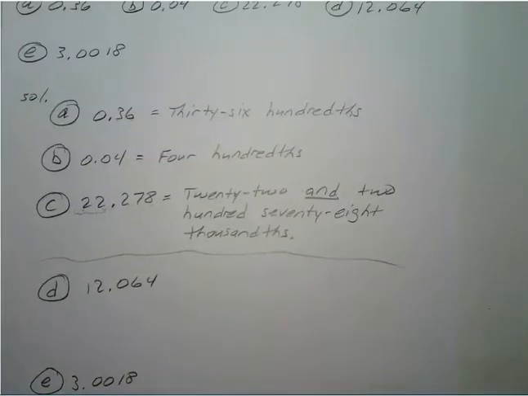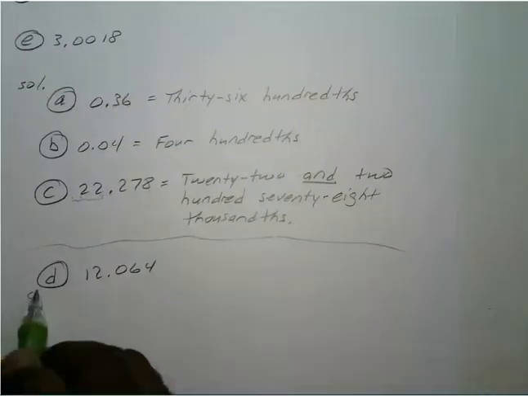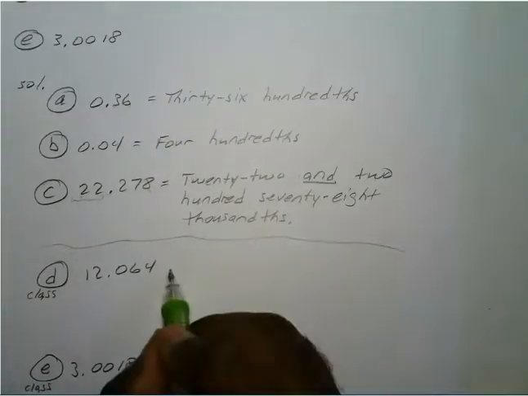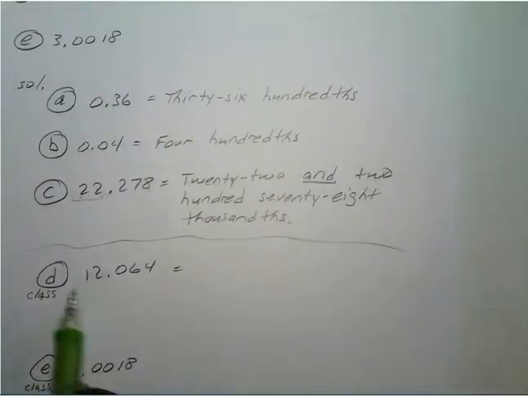So go ahead and press pause and try to convert those two to word form. All right, I'm assuming you've pressed pause and you've already worked it out. So let's go ahead and convert them to word form.